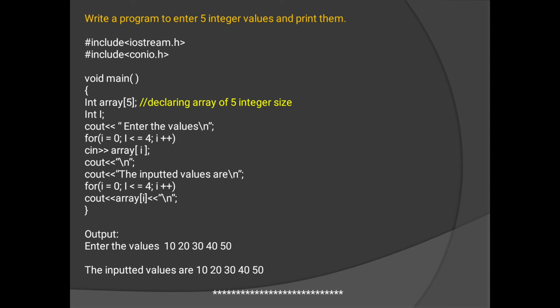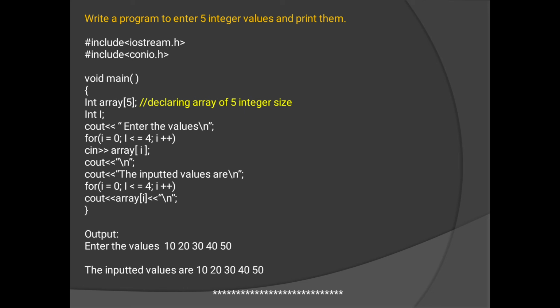Similarly, hashtag include conio.h, which stands for console input output, and iostream.h. As usual, the main function is responsible for the execution and termination of the program. The compiler executes what is written within the main function body, indicated by the opening and closing curly braces, as you can see in this program.